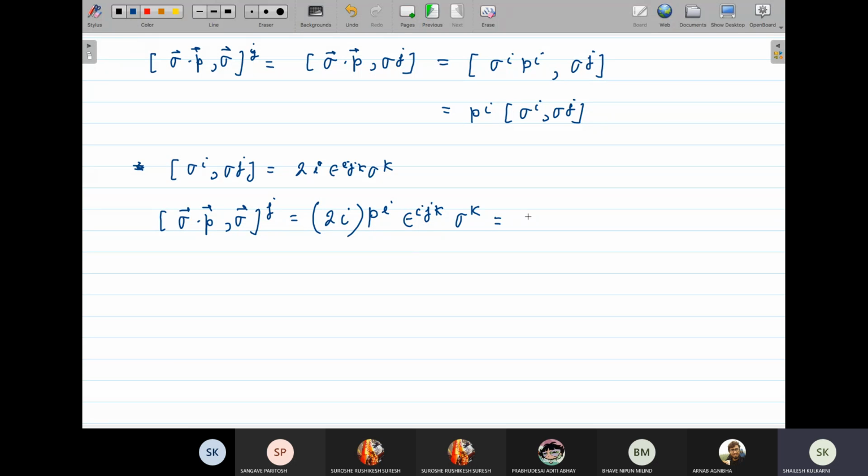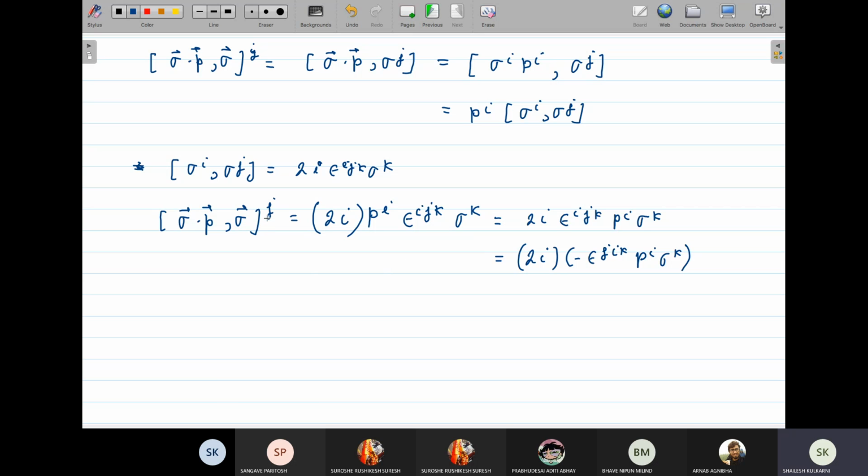So this is equal to 2i epsilon ijk pi sigma k. But this is nothing but, using the property of Levi-Civita, 2i times minus epsilon jik pi sigma k. Clear?